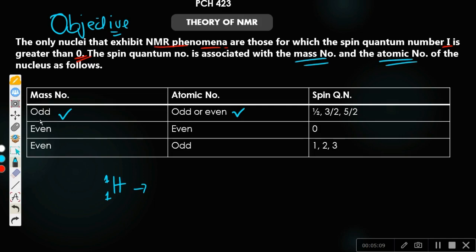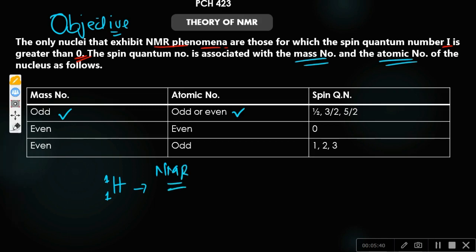So in a situation where the mass number is odd, the atomic number may be odd or even. The spin quantum number is half, 3 over 2, 5 over 2. Of course, half is greater than 0. Hence, you expect a nucleus having an odd mass number, with atomic number odd or even, to exhibit the phenomenon called NMR.